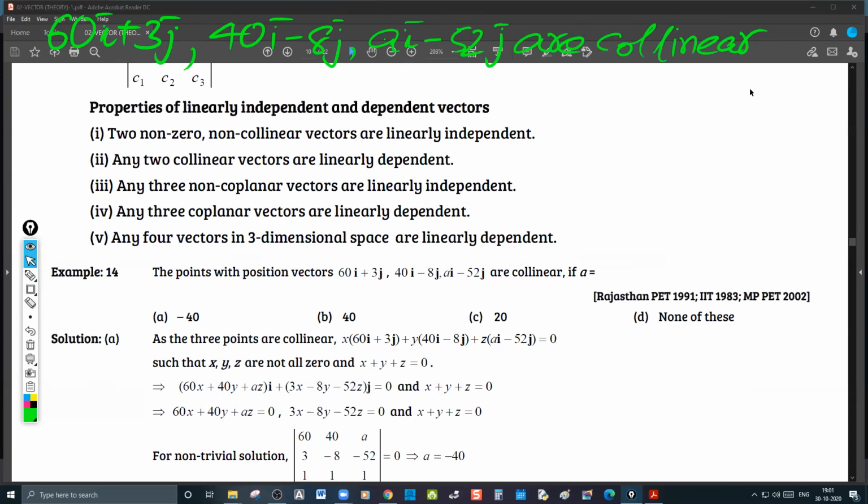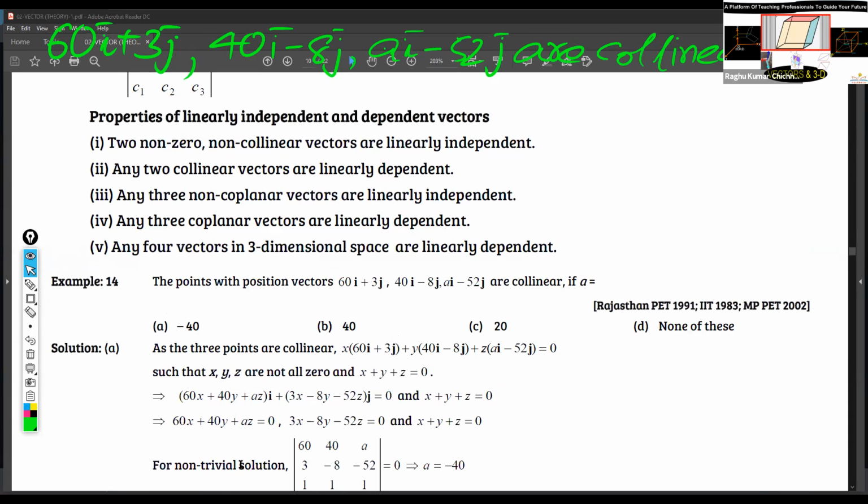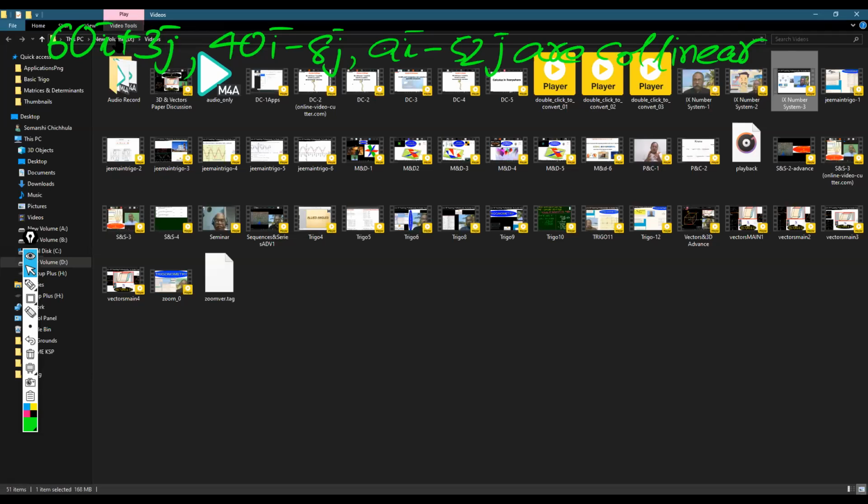Sir, collinearity is for a minimum of 3 points. Minimum of 3 points. Why? Why not for 2 points?